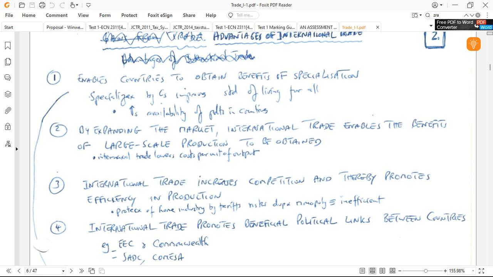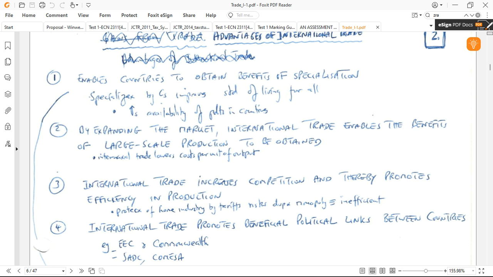Because you have specialized in the production of, let's say, iPhones, and I have specialized in the production of, let's say, Motorola phones, and since I have specialized in that particular thing, I'm going to supply more of it. And the more I supply it, the more money I make. And the same thing applies to you. You have specialized in iPhones, right? And the more iPhones you make, the more money you make.